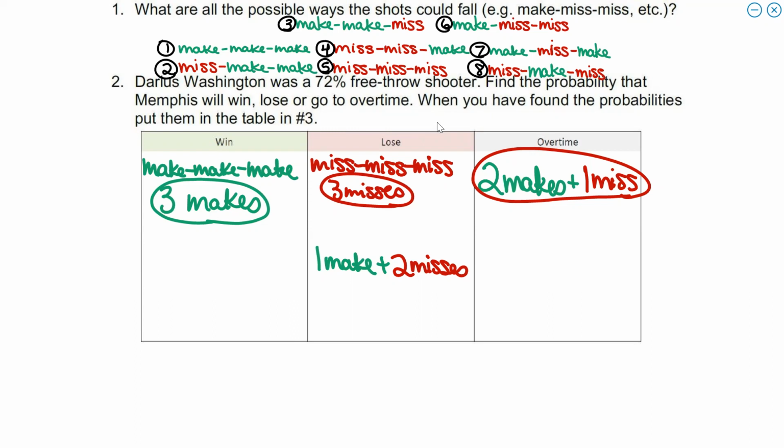What would that give us? 0.28. This is the probability of a miss. So how would I find the probability that he misses all three shots? Yep, absolutely correct. We're going to do 0.28 times itself 3 times for each shot.